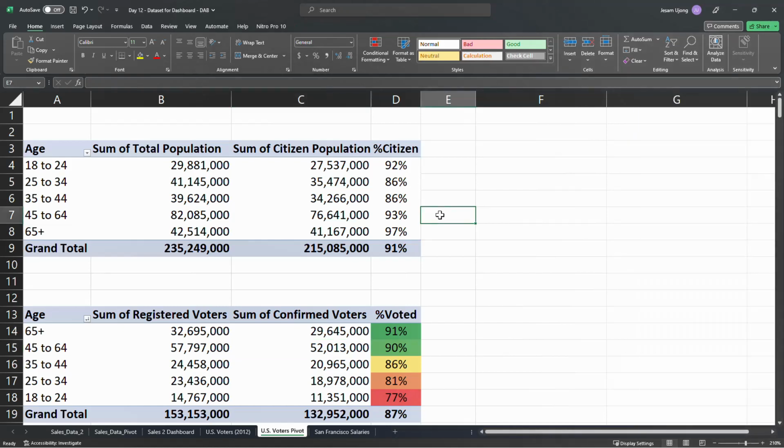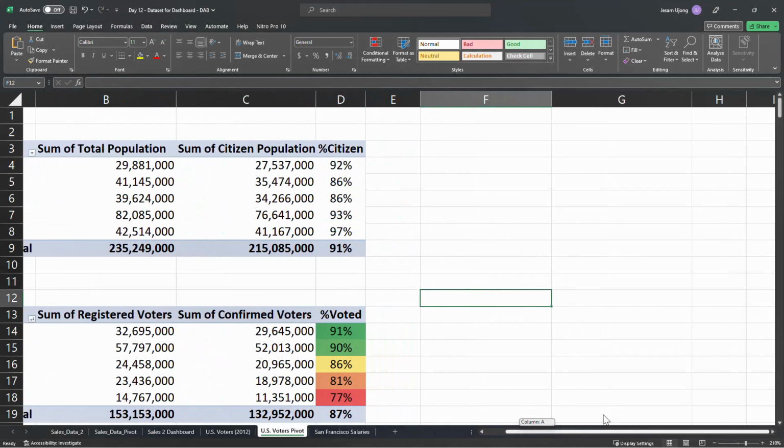Okay. So assessment number one, for the voters.